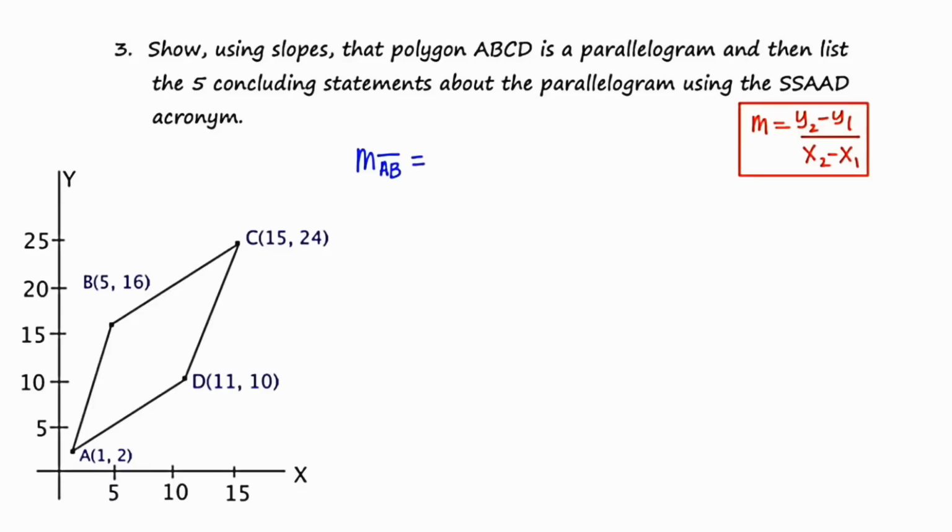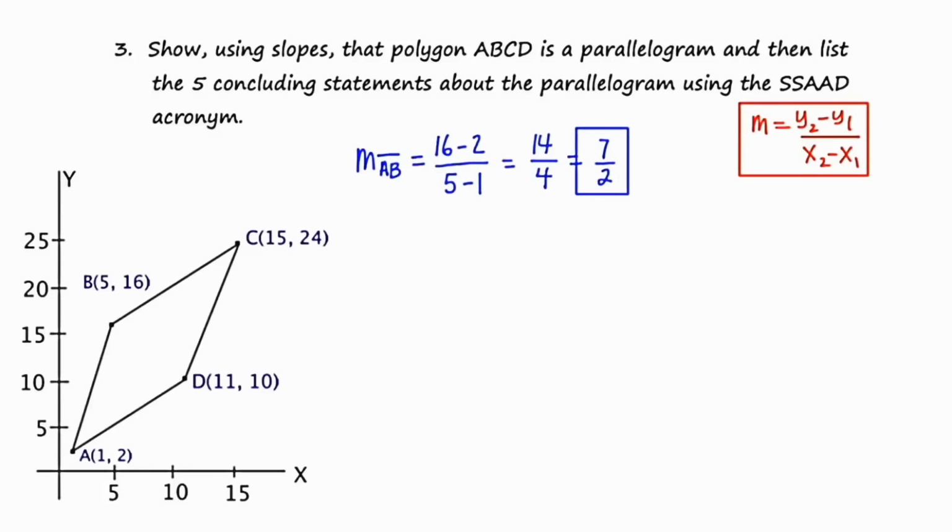Let's go back and figure out the slope of line segment AB. So I'm going to set up a subtraction problem for the y's, which would be 16 minus 2. And then for the x's, it would be 5 minus 1. This leaves us with 14 over 4, which reduces, of course, to 7/2.